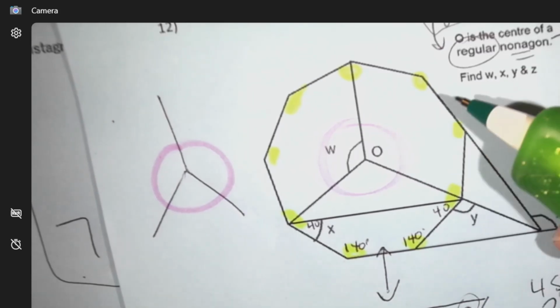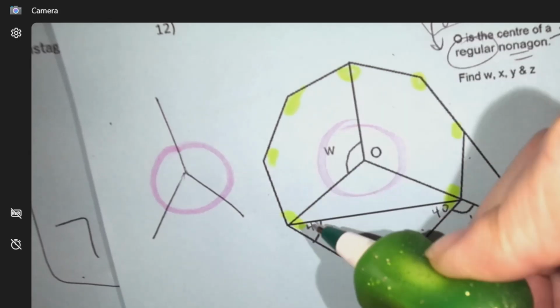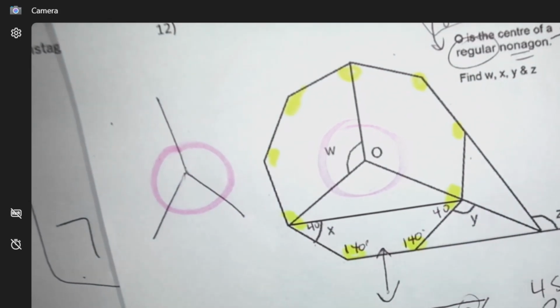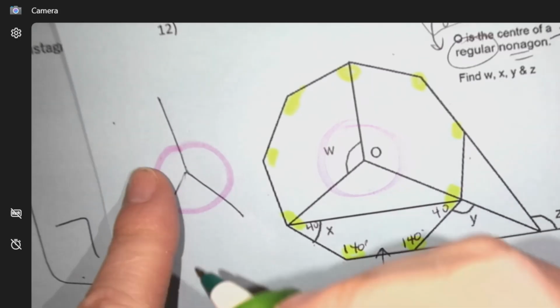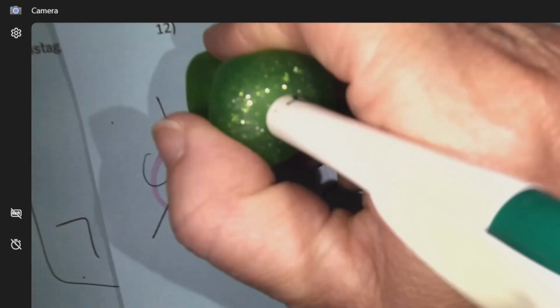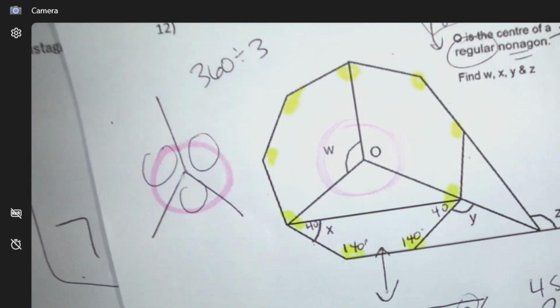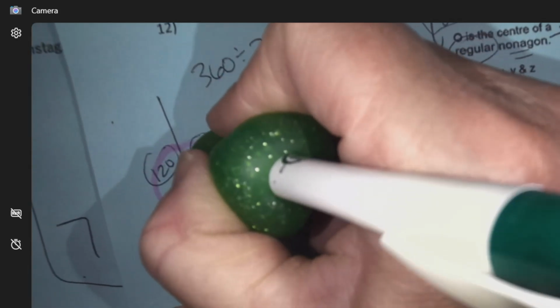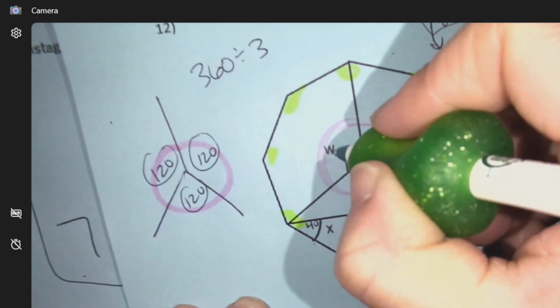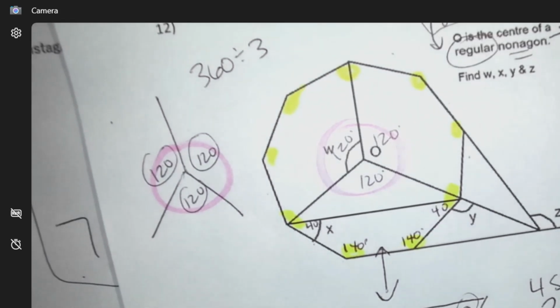When I cut here, how many sides did I cut? 1, 2, 3 sides. So they should all be the same, and I have 3 sections. So what am I going to do if I have 3 sections? 360 for 3 sections means each section is 120. Does that make sense in that center?